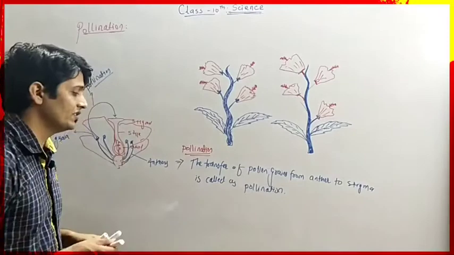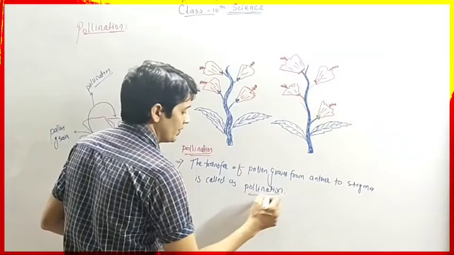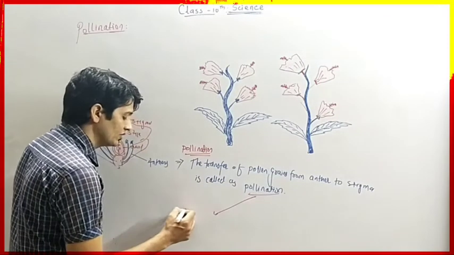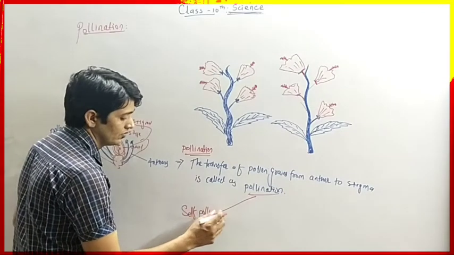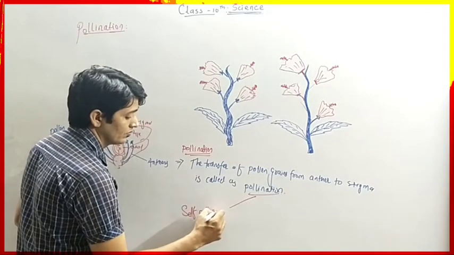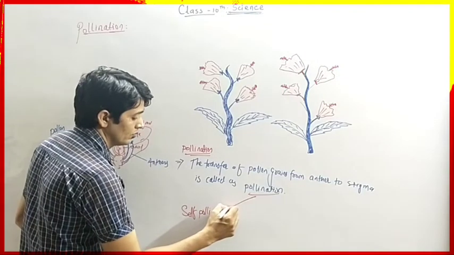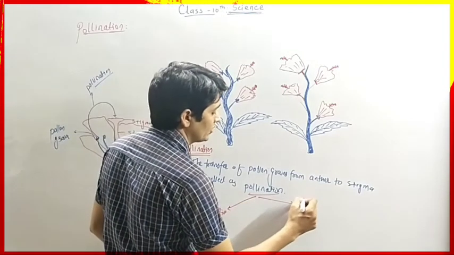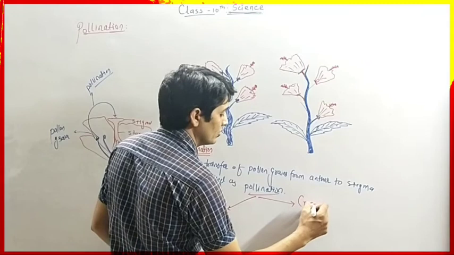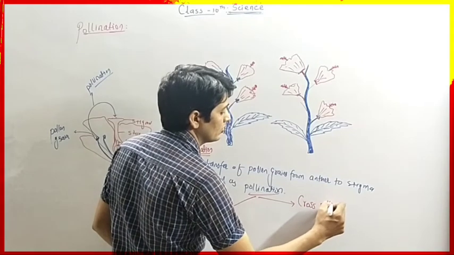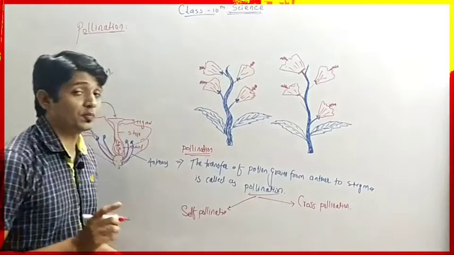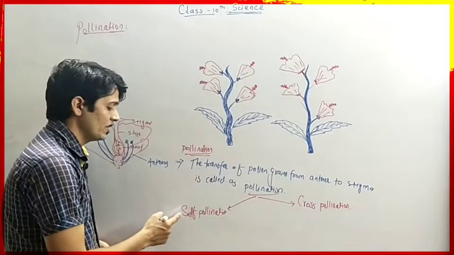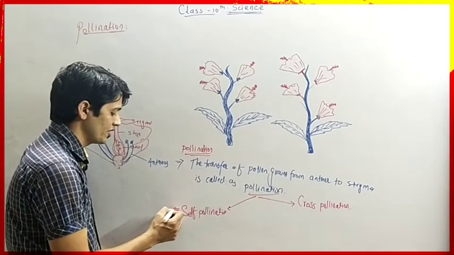Pollinations are of two types. Number one is self pollination, and number two is cross pollination. First we have to understand what is self pollination.